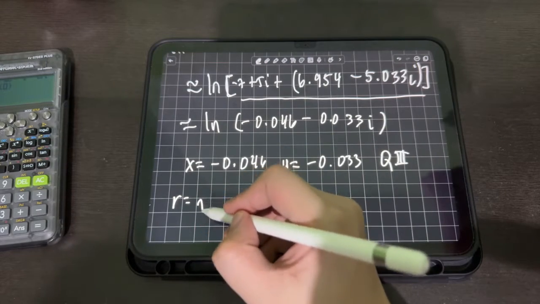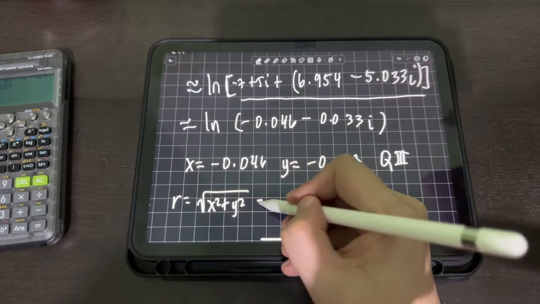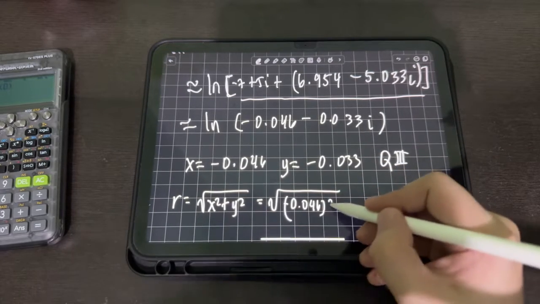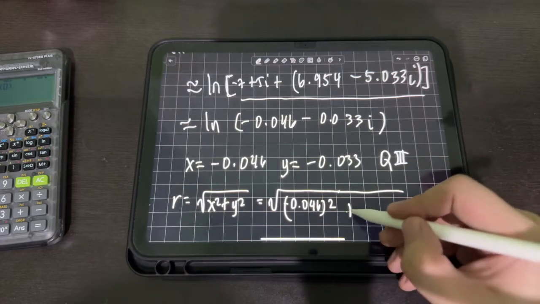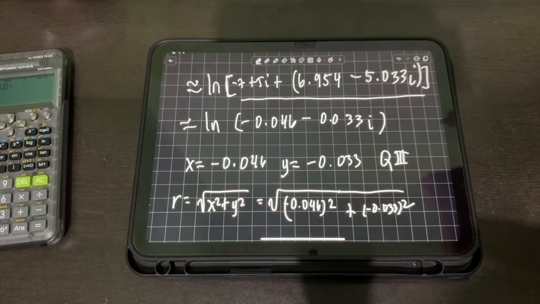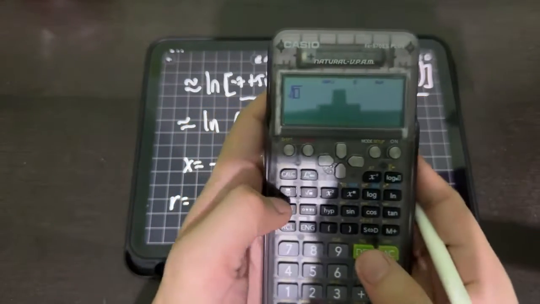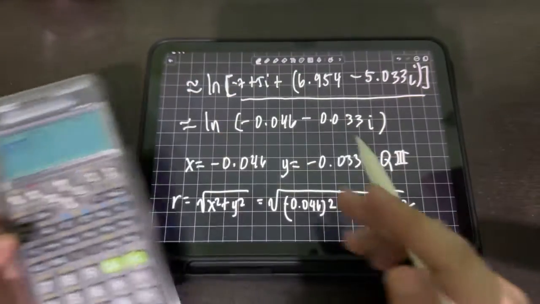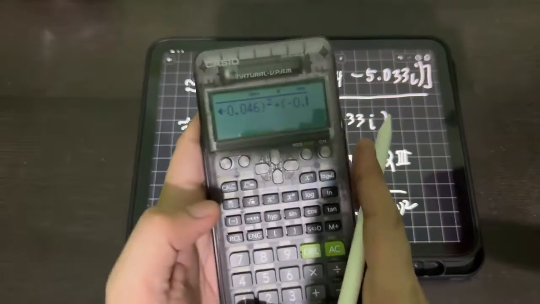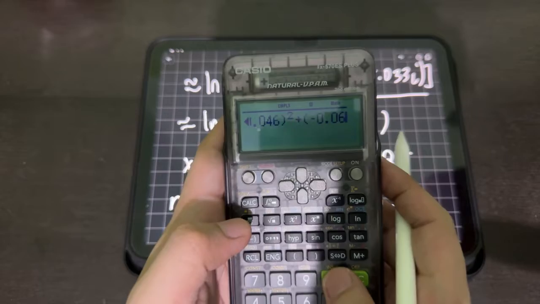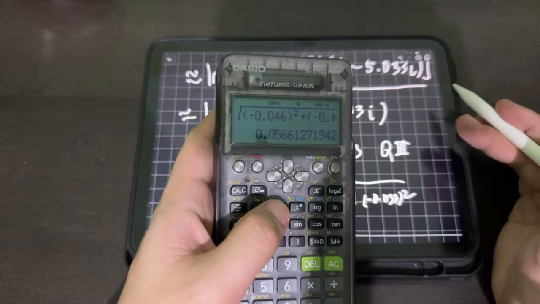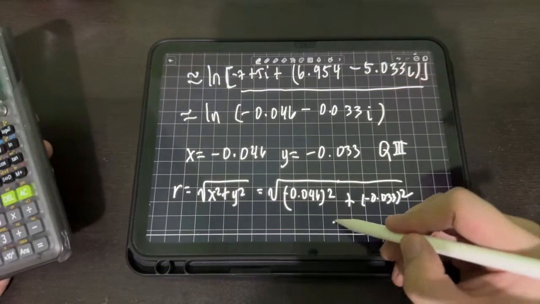Finding the r, it's the square root of x squared plus y squared: the square root of negative 0.046 squared plus negative 0.033 squared. Okay, it's approximately equal to 0.057.